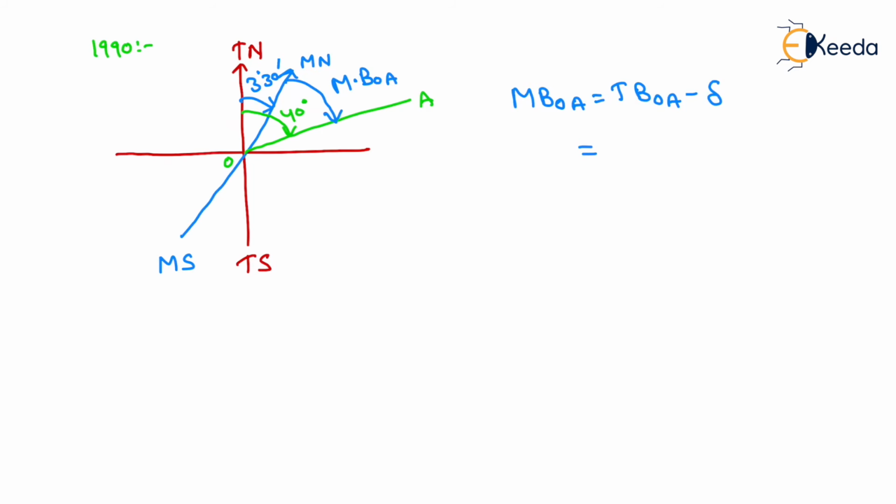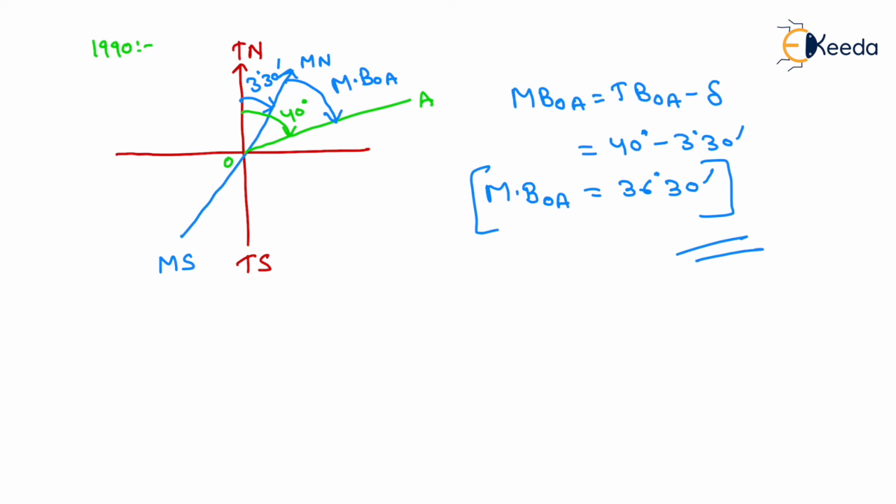It will be equals to 40 degree minus 3 degree 30 minute, and it will be equals to 36 degree 30 minute. That will be the magnetic bearing of line OA in 1990. We had solved this question completely, and we had determined the magnetic bearing of line OA, which will be equals to 36 degree 30 minute.